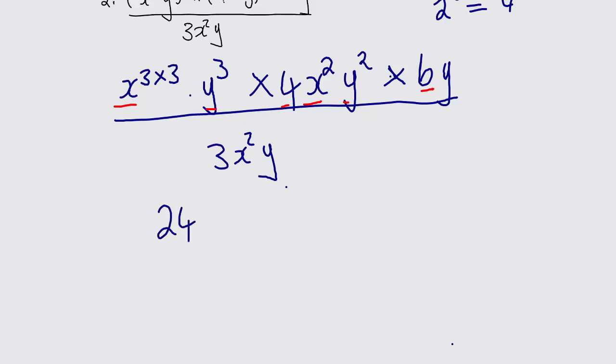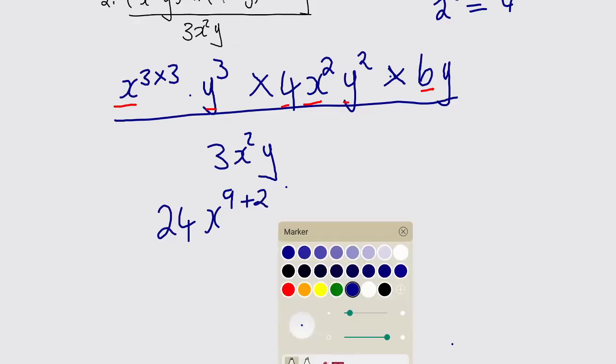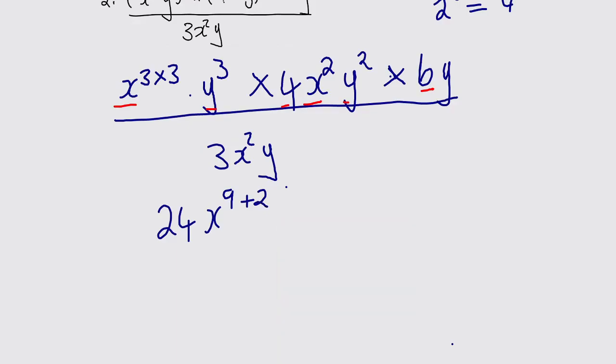Just write it down. Then here we are going to have 3 times 3, which is going to be 9, and because of this x, I'm going to say plus 2. Then let's look at y.